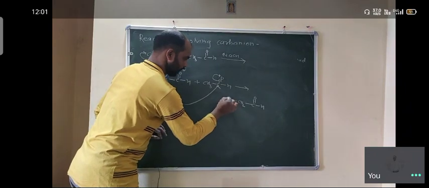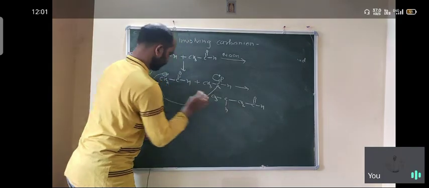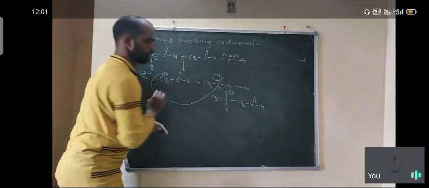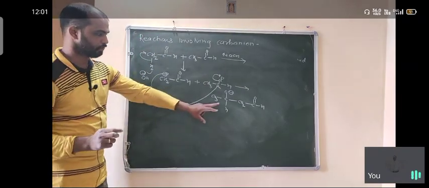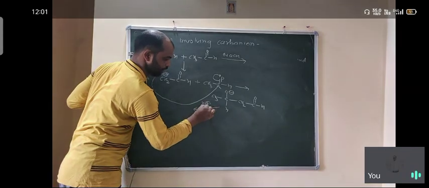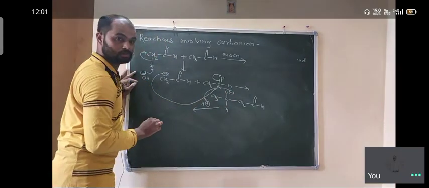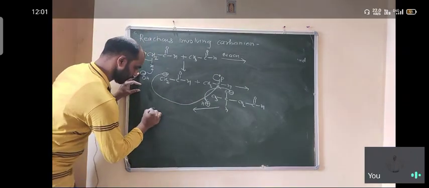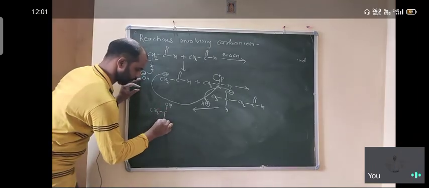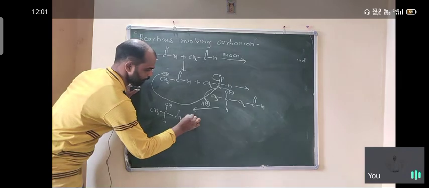This carbon has CH3 as well as H, and the oxygen is converted into O minus. So this way you can write the product. In the last step we just need H plus. It will abstract the proton and the product is converted into CH3, CH(OH), CH2, C double bond O, H.